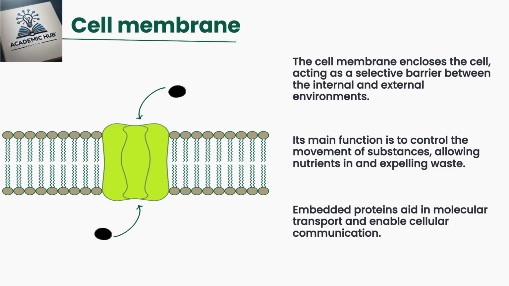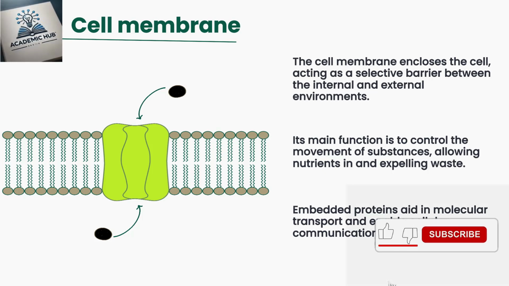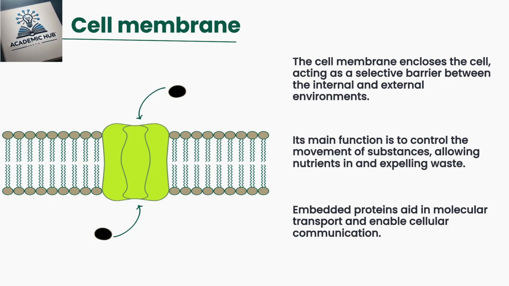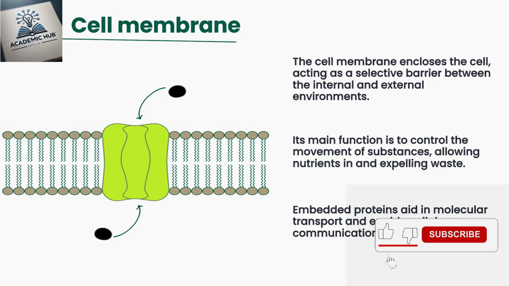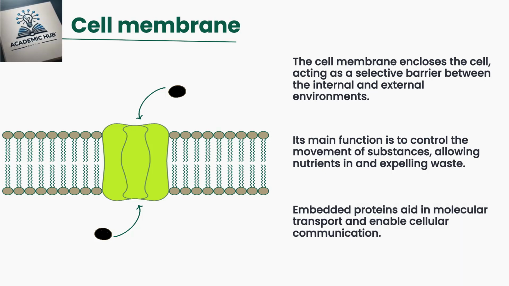This binding triggers a response in the receiving cell, whether it be the generation of an electrical signal or the activation of a particular metabolic pathway. This complex interplay between the cell membrane and external signals is fundamental to the functioning of the nervous system. So this is an example of cellular communication.